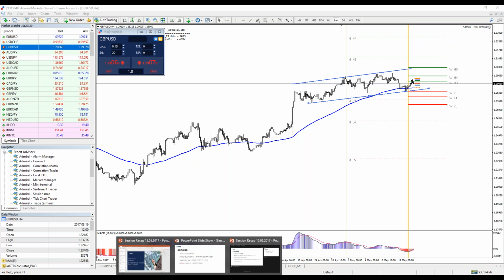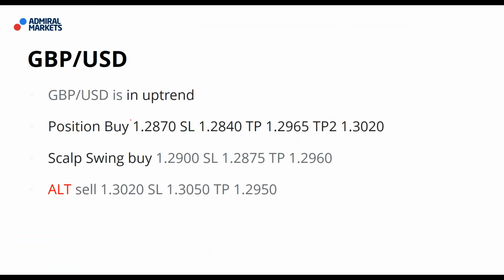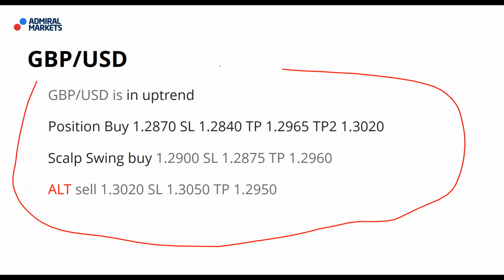Guys, about this setup, be careful. Very careful. If you see a sudden spike in the market, if you see a whipsaw in the market, don't trade it. Or what you can do is lower your risk.